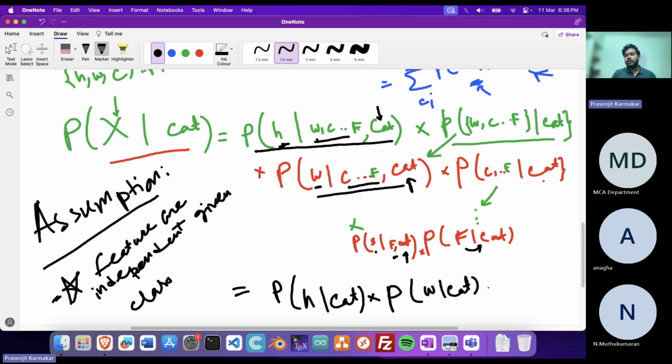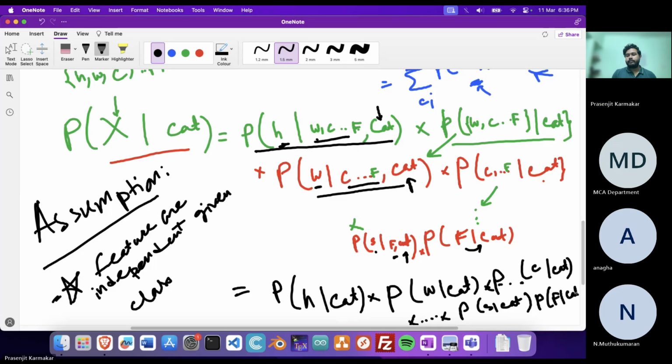Similarly, I can go on and on to probability of color given cat times dot dot dot times probability of S given cat, probability of F given cat.